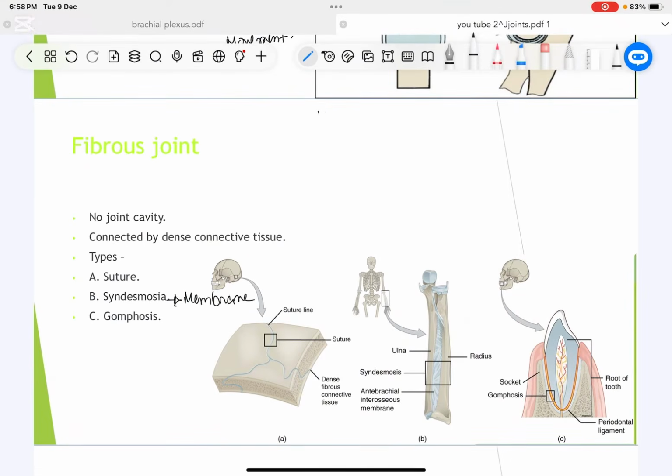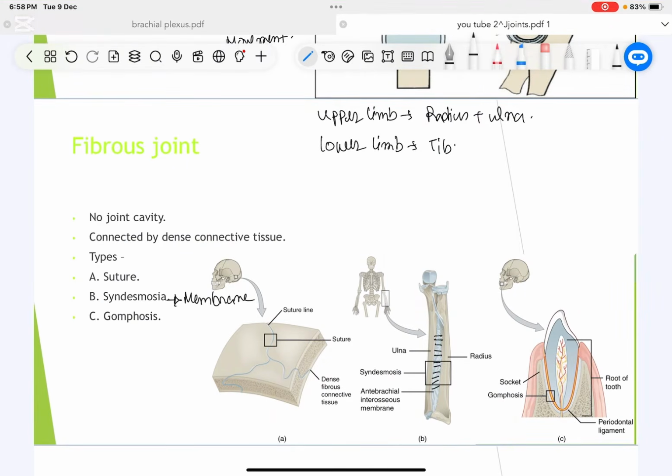We know in our upper limb there are two long bones located side by side. One is radius, another one is ulna. In between radius and ulna, more specifically the middle radioulnar joint, it is an example of syndesmosis.